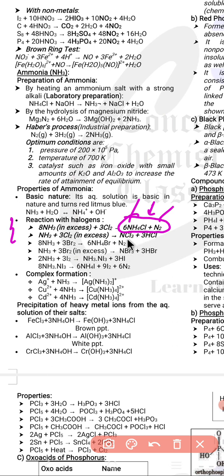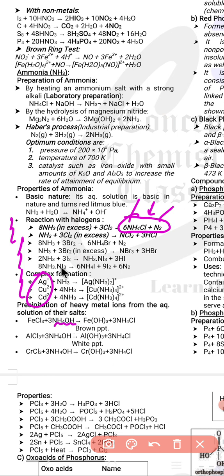And again, notice that in the two products chlorine is present. Okay, so these are some other reactions of ammonia. These are complex formation of ammonia by reacting with these ions. These are precipitation reactions when ferric chloride is reacted with aqueous solution of ammonia.